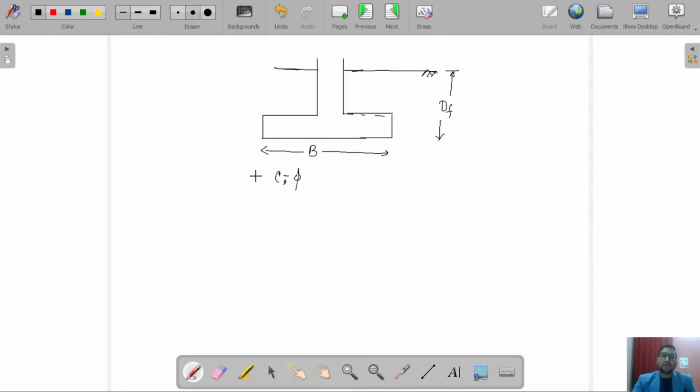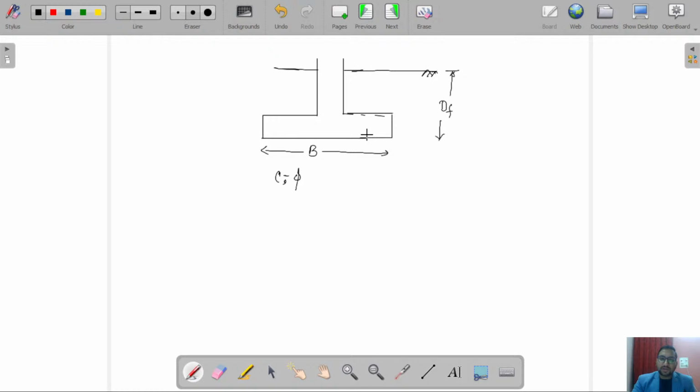What is the net bearing capacity of soil? How much pressure can this soil bear safely? Net bearing capacity means the pressure exerted by the superstructure on this soil.